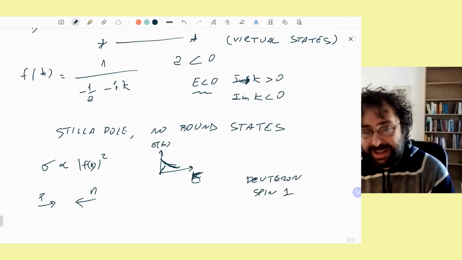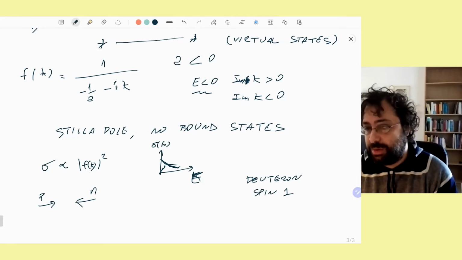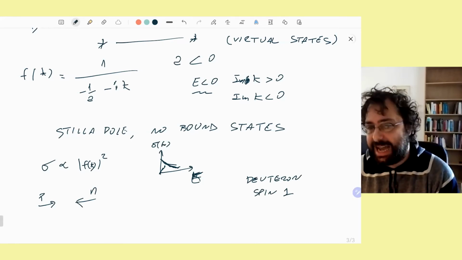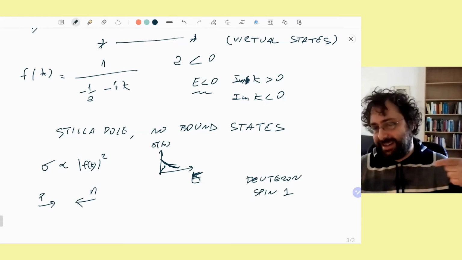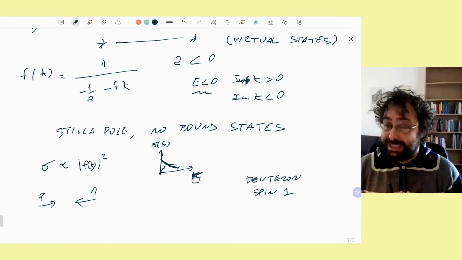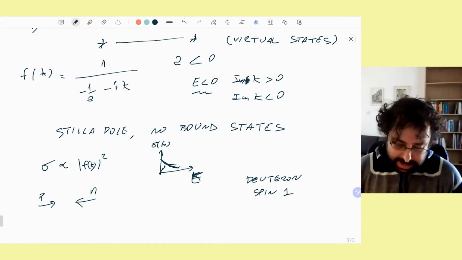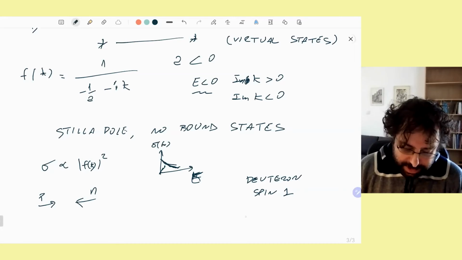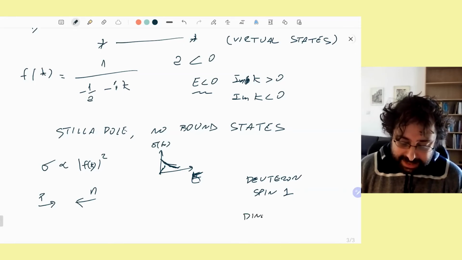But if you are scattering 2 particles of spin 1/2, sometimes they will scatter in total spin 1, sometimes they will scatter in total spin 0. And well, by Pauli symmetry, you can see that this would be the same as scattering 2 protons or 2 neutrons. So the neutron, for example, would have spin 0.